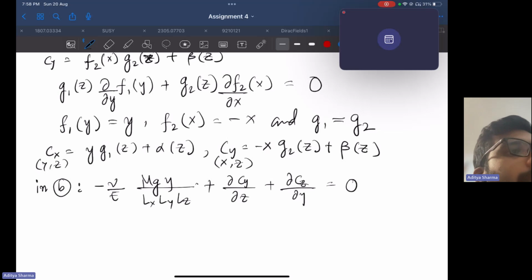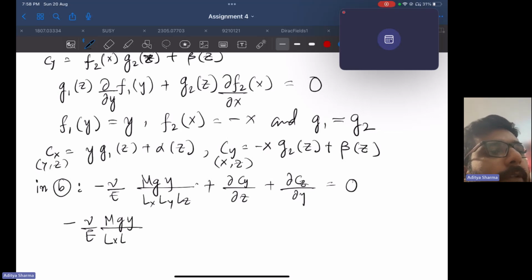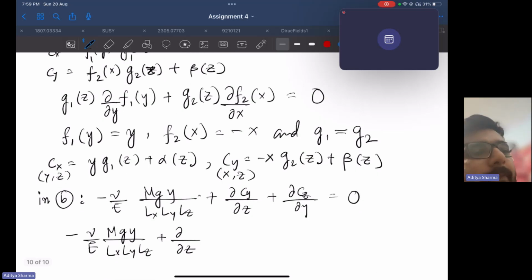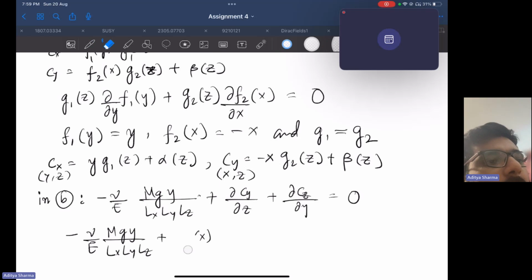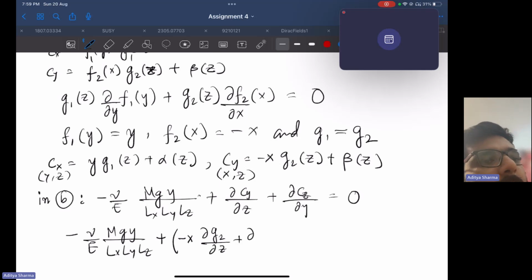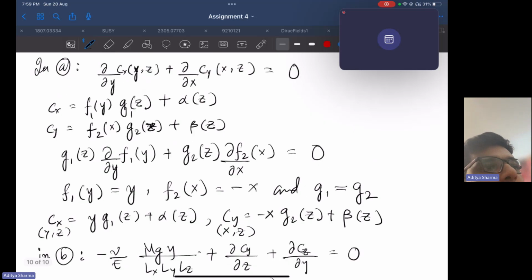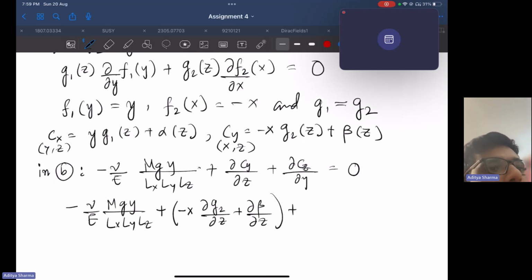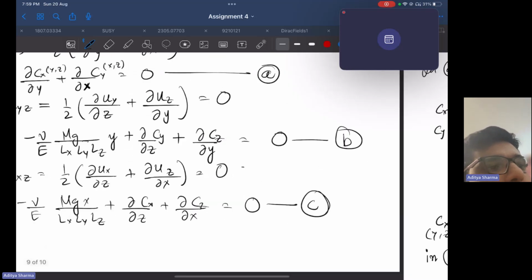And we are going to get minus mu by e g y by x a y l z plus del del z Cy is equal to minus x, which is minus x del g2 del z plus del beta del z plus Cz del y. Cz is just Cz.